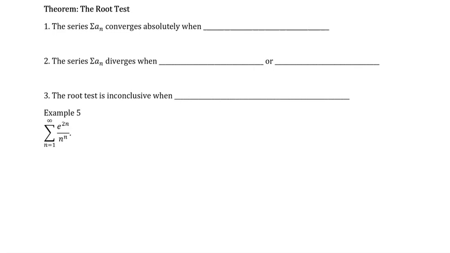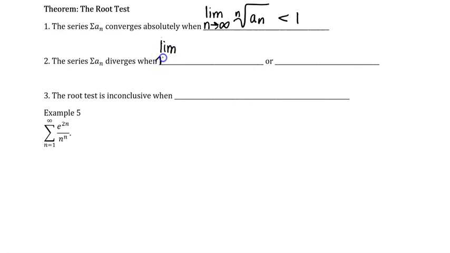And the root test states that a series converges absolutely, which, mind you, does also mean that the series converges, when the limit as n approaches infinity of the nth root of the terms of that series is less than 1.